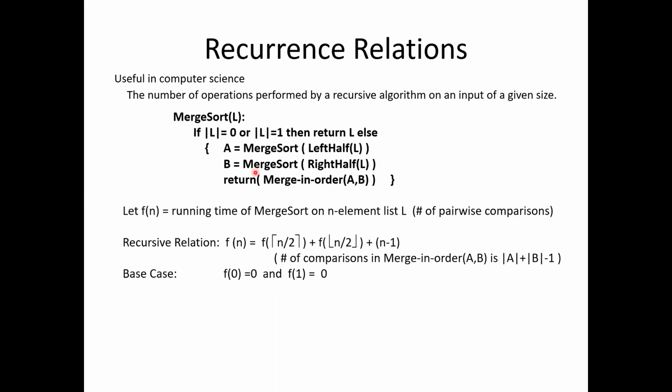In that case, the recursive call will come in. And what will it do? It will perform merge sort on a list that has half of the n elements and a list that has also half. But you know, we have to do ceiling on one and floor on the other.